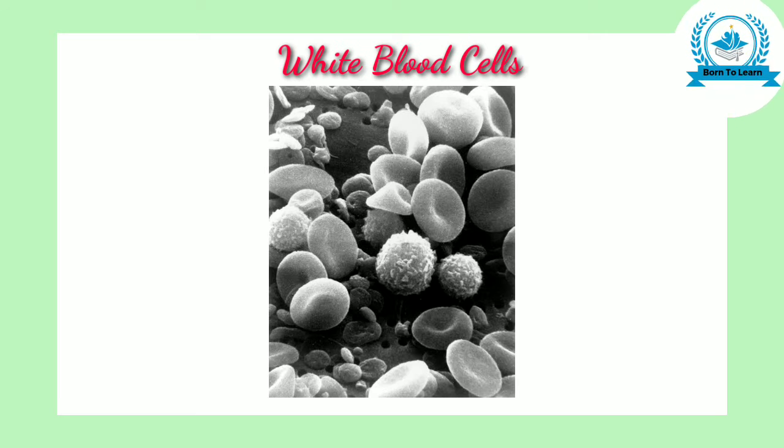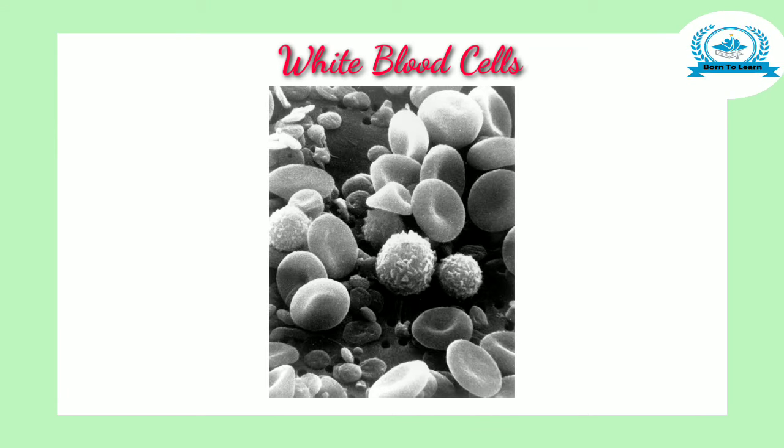White blood cells. White blood cells fight infection and protect us from diseases. This is because white blood cells help to fight against germs and other foreign bodies which cause diseases. Some white blood cells can eat up the germs like bacteria which cause diseases. Other white blood cells make chemicals known as antibodies to fight against infection.